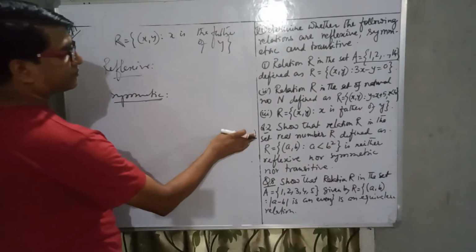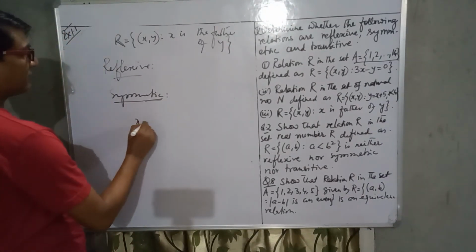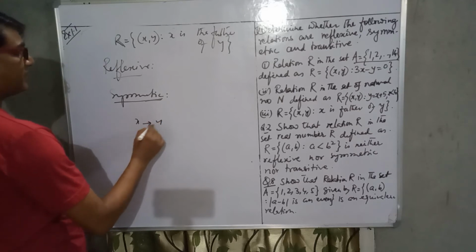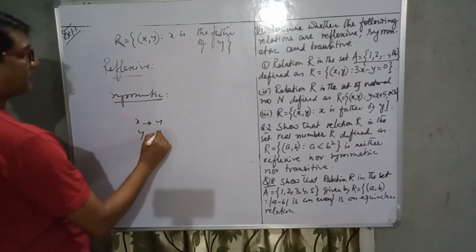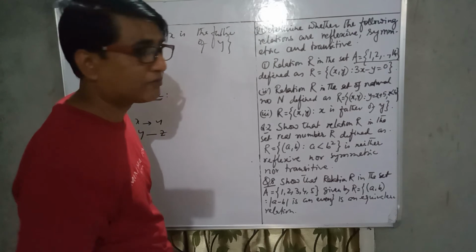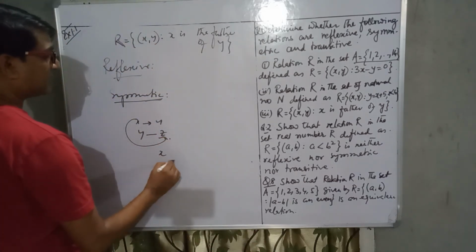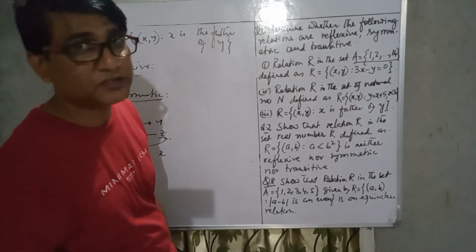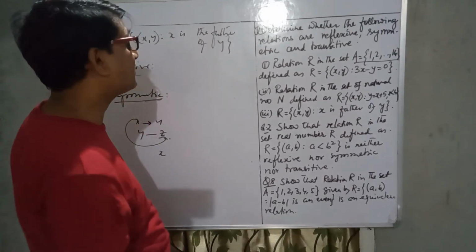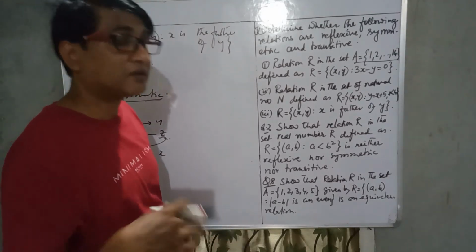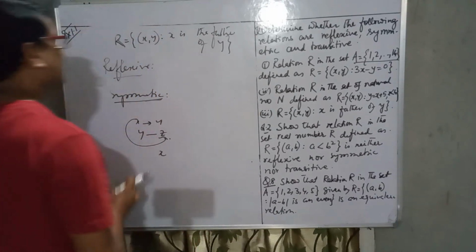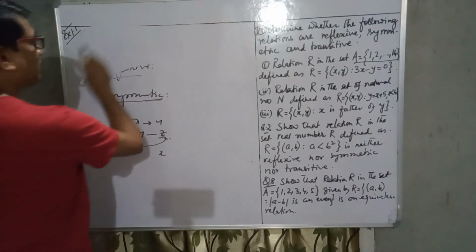Next, we take x, y, z. X is the father of y, y is the father of z. What is the relation between x and z? Then x is the grandfather of z, not the father of z. So it is neither reflexive nor symmetric nor transitive. This way we have to solve it.